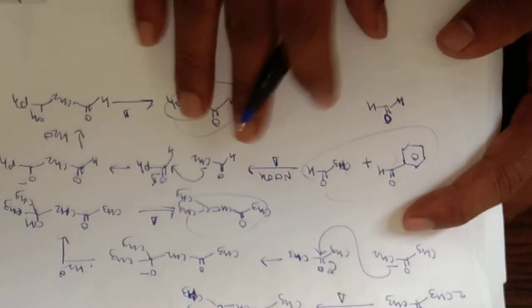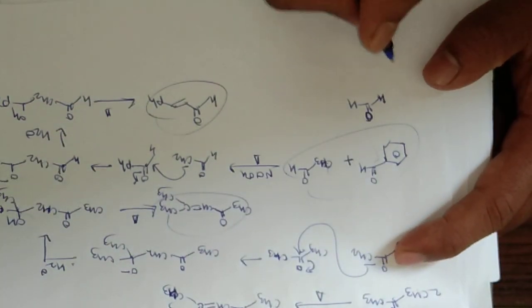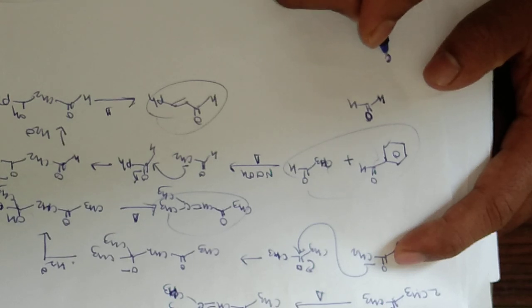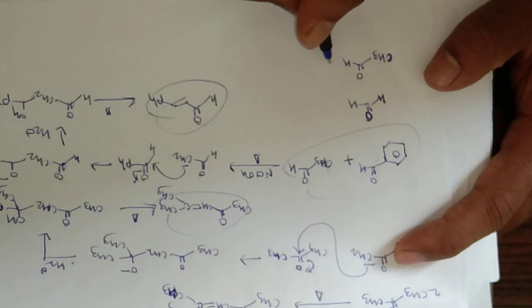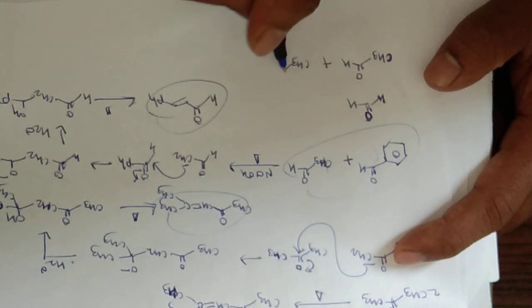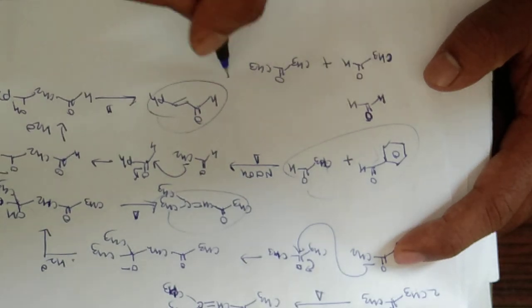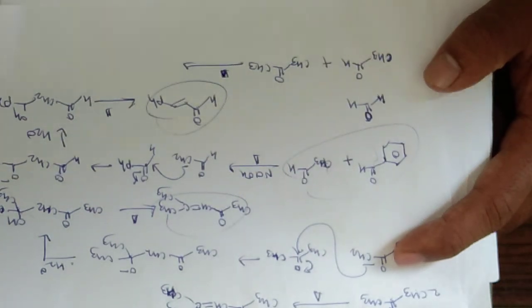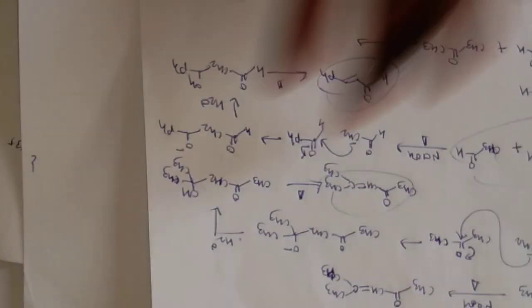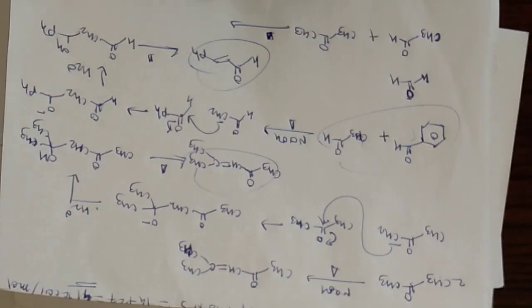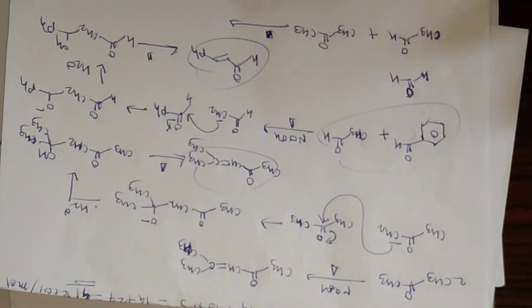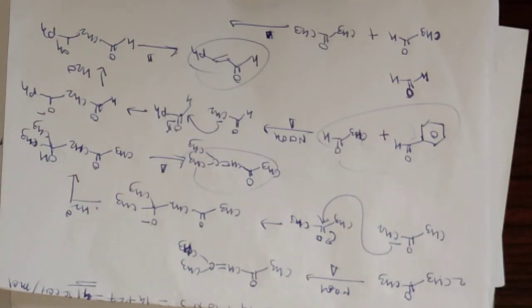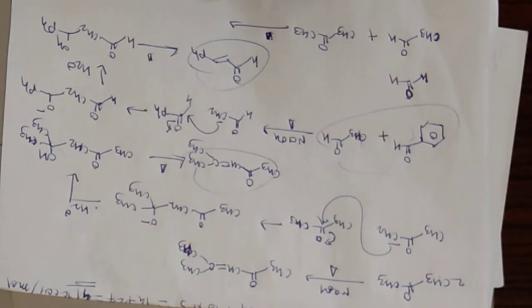Sometimes the case will become like this. Let's suppose one acetaldehyde plus acetone is used. Then the question will be how many products will be formed in the given aldol condensation reaction, with self aldol condensation plus cross aldol condensation.